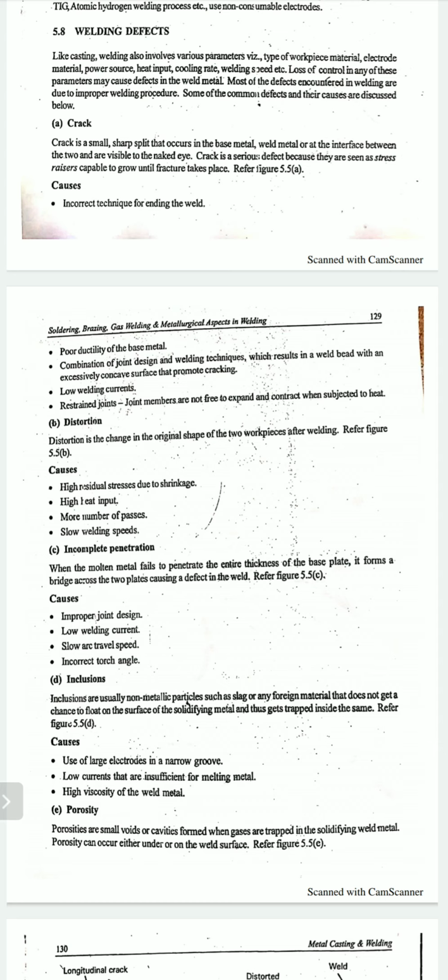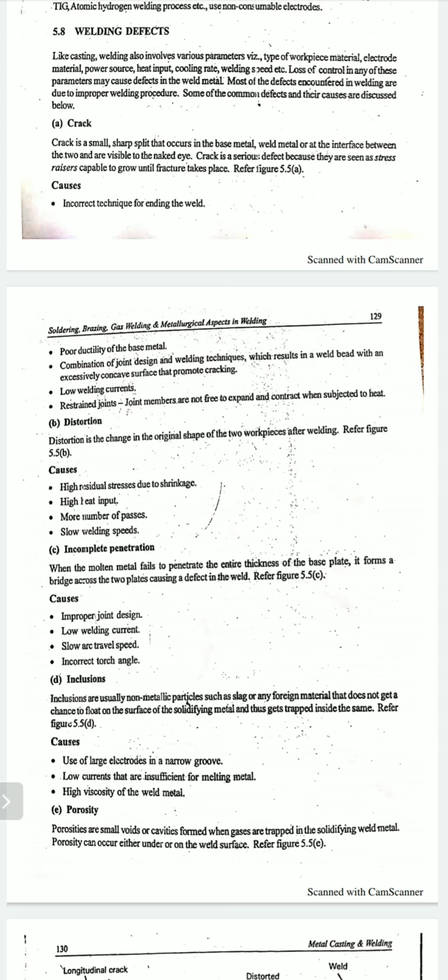Why do distortion defects occur in welding? Let us see. High residual stresses due to shrinkage. As I just told, when the molten metal in the fusion zone combines, shrinkage occurs. Due to that shrinkage, residual stresses are generated.